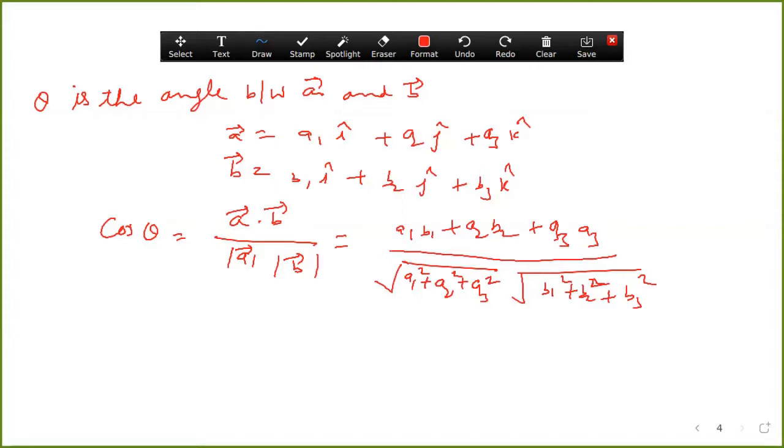Now, if A vector is perpendicular to B vector, what does this imply? A dot B will be equal to 0. I have told you previously.